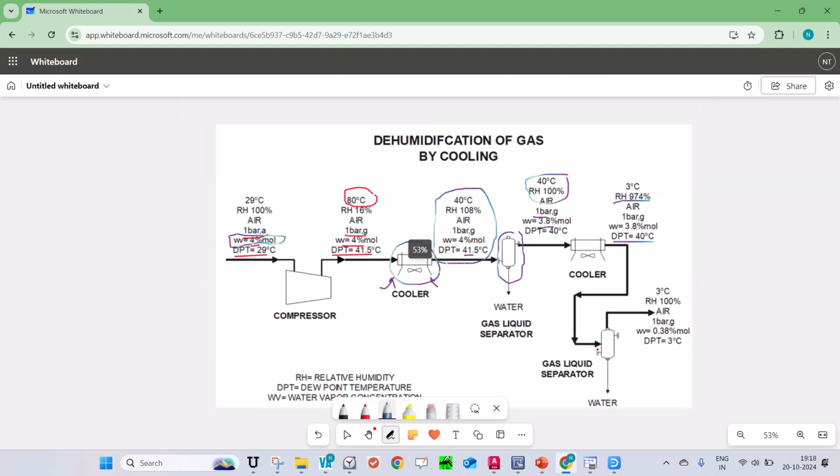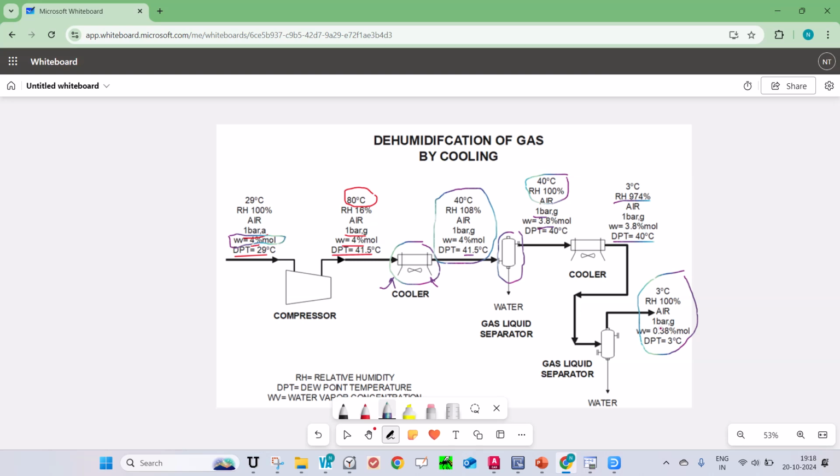Now when I put this gas and liquid into a gas liquid separator, all that free liquid is separated out, and the outlet of this vapor liquid separator now has a moisture content of 0.38% mole percent. So you can see that we have reduced the moisture to 1/10.